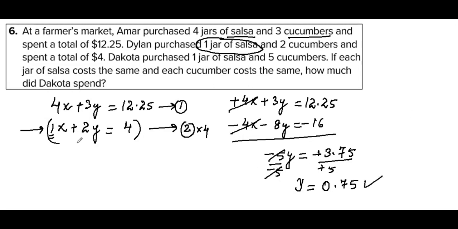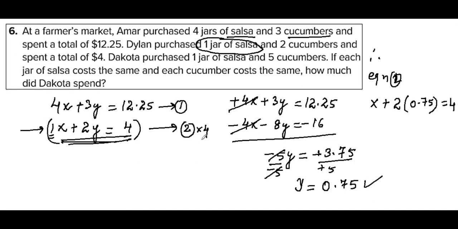I'll substitute in the second equation: x plus 2y, y is 0.75, is equal to 4. So x plus 2 times 0.75, which is 1.50, is equal to 4.